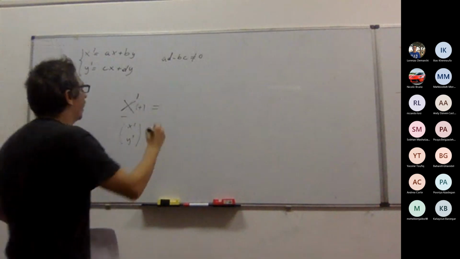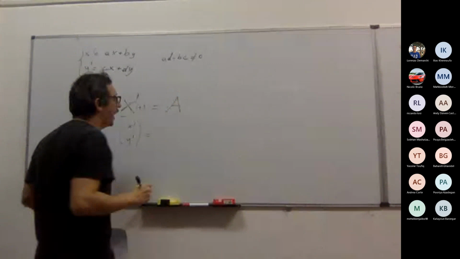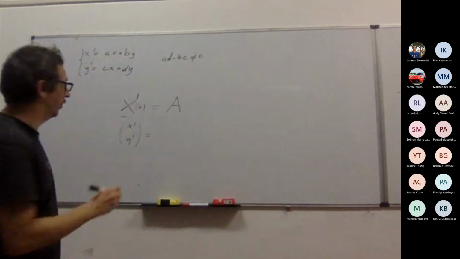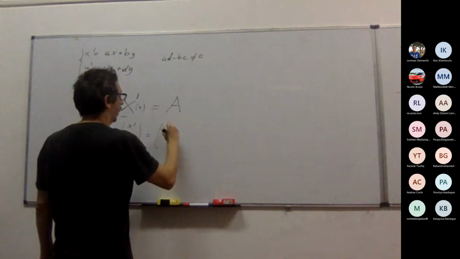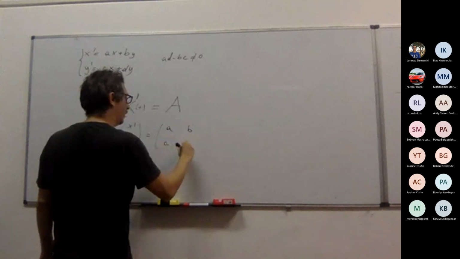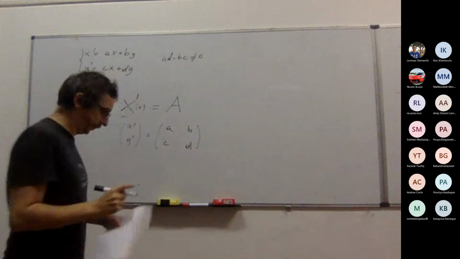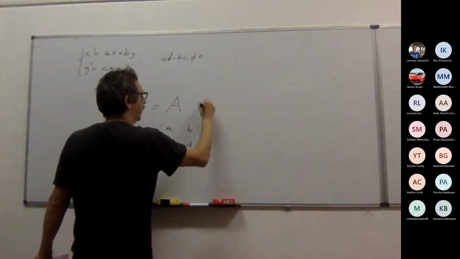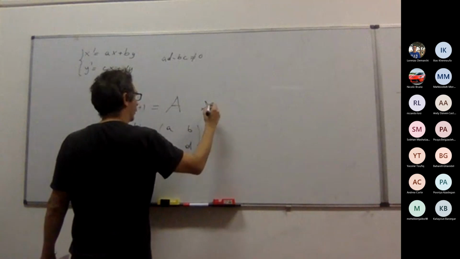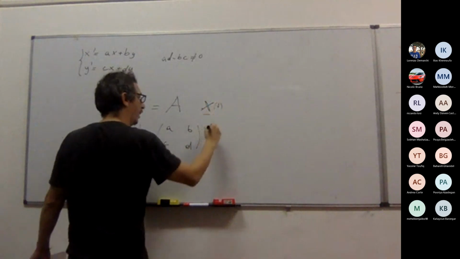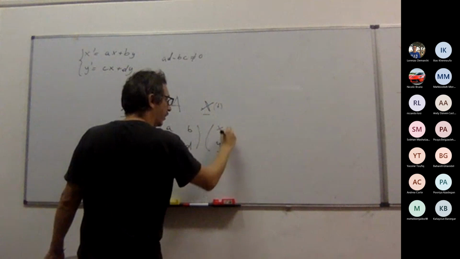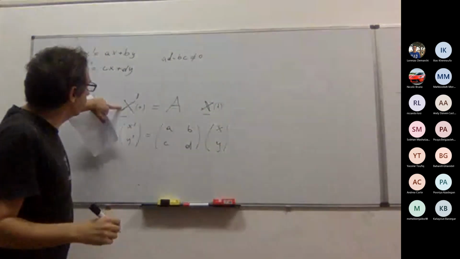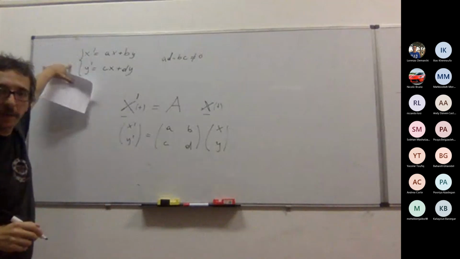Then let me define some matrix A, which is basically the matrix of the coefficients of this linear system. So this A is A, B, C, and D. And then I have the vector x, whose components, of course, are x and y. Can you see that this is equivalent to this system here?